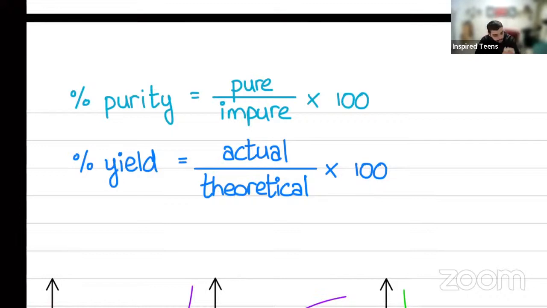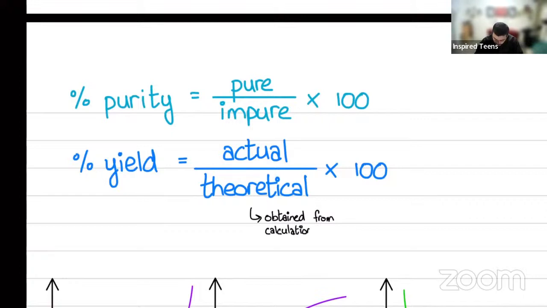So pure over impure times 100. Percentage yield is the actual over the theoretical times 100. Always remember that the theoretical you get from your calculations, from the stoichiometry that you do.